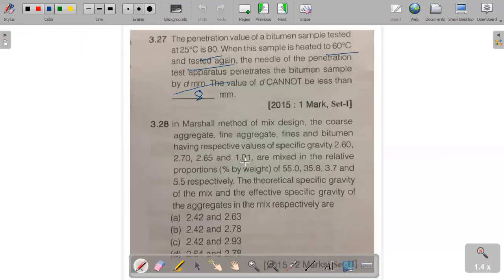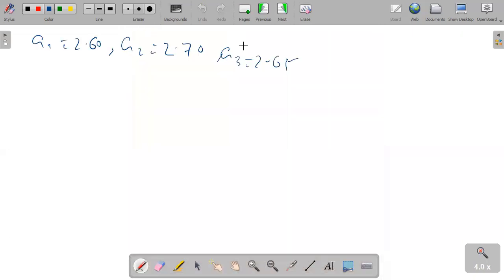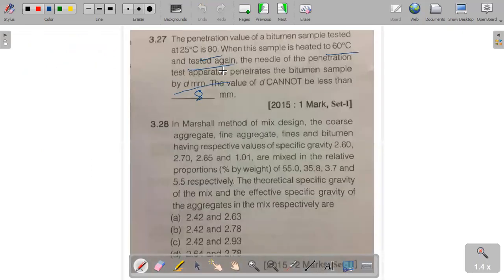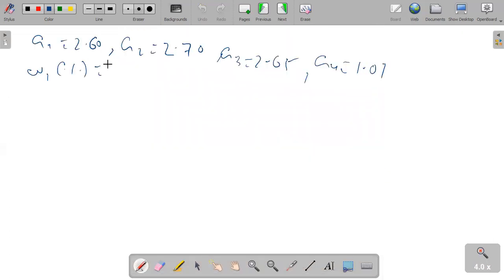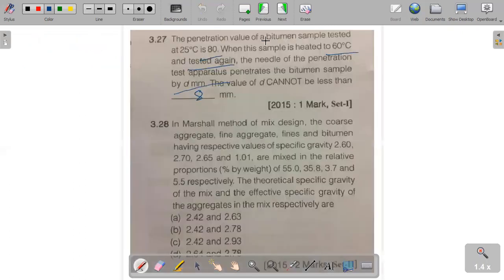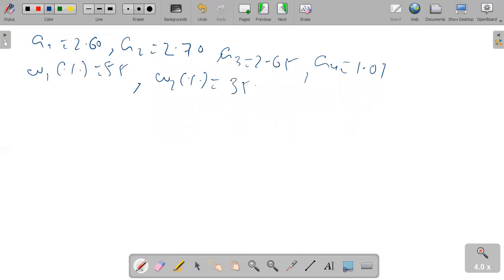Our G4, that is the specific gravity of bitumen, GB, is equal to 1.01. Similarly, in percentage, W1 is 55%, W2 is equal to 35.8%.